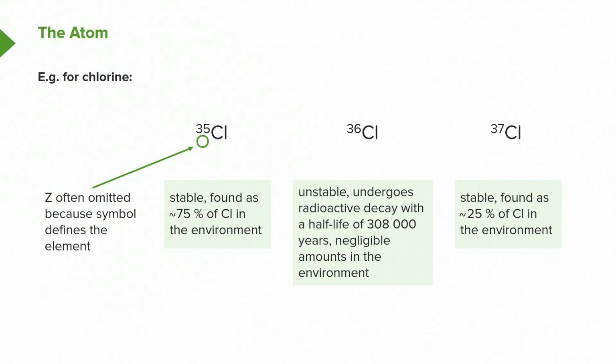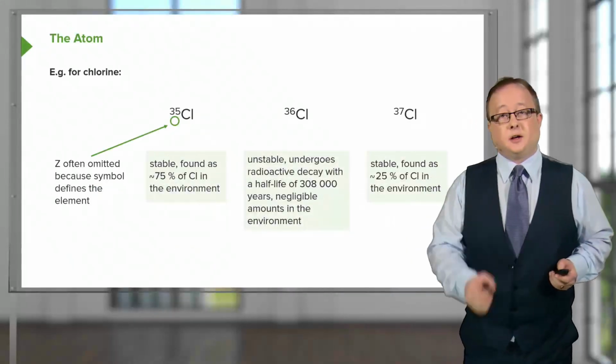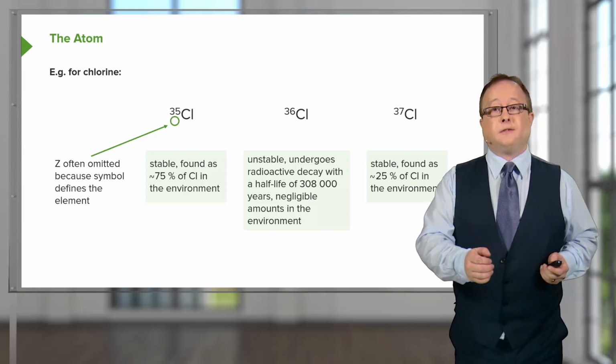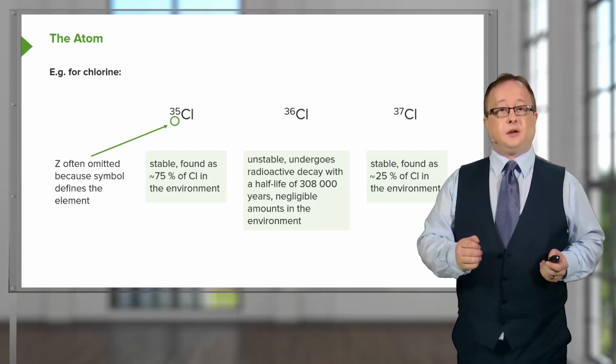They are 35Cl and 37Cl and 36Cl, which is the unstable radioisotope with a half-life of 308,000 years and is negligible in concentration within the environment. The ones which are stable are 35 and 37.